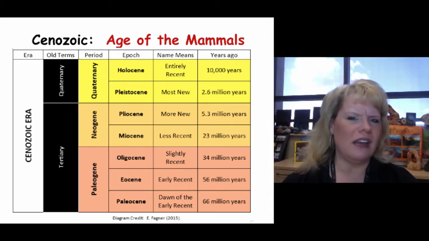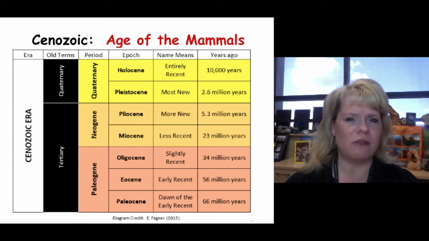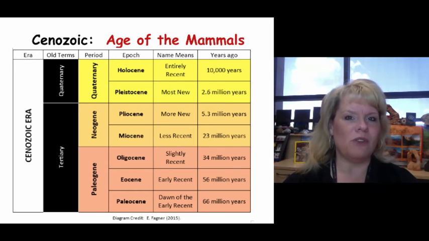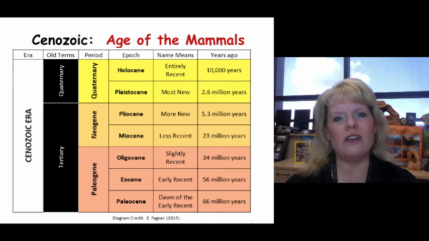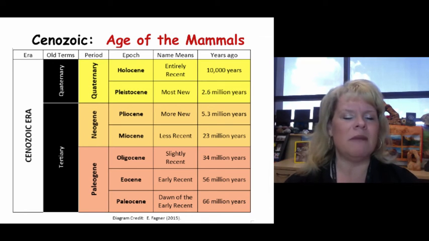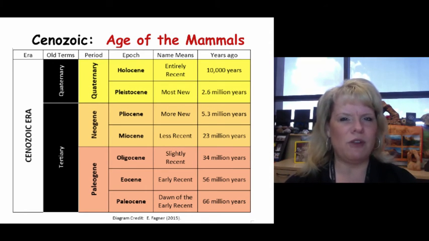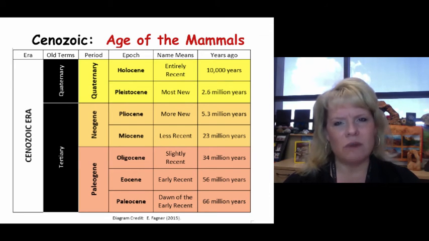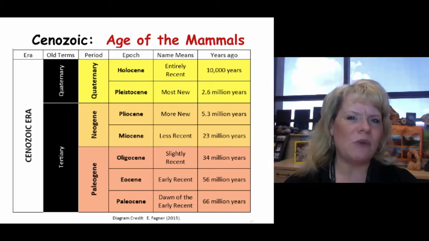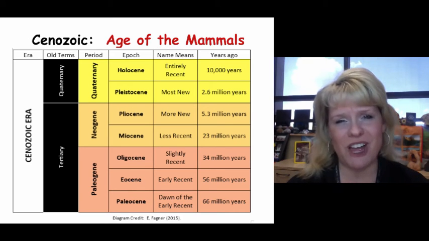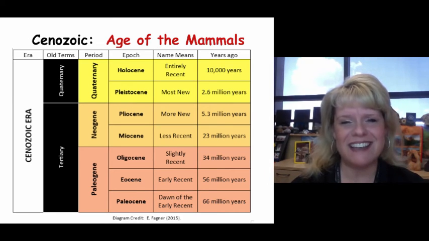I think you can divide some of the major radiation of mammals to the Paleogene, and then we see expansion of mammals and the habitats they lived in during the Neogene. The Pleistocene, in particular the Quaternary, represents the last ice age. Then we get to the Holocene, which is the most current, and we have basically some of the same life forms that we had in the last ice age.